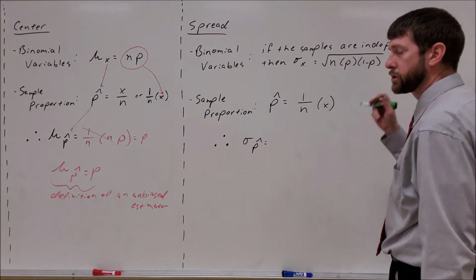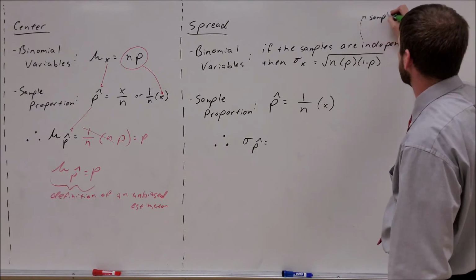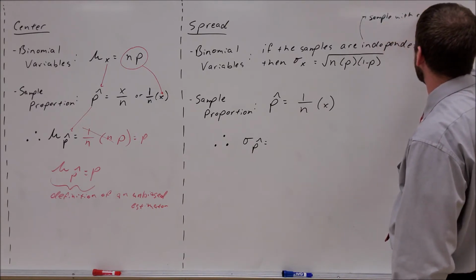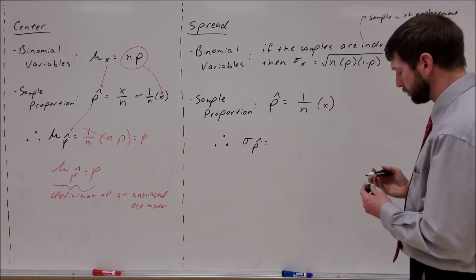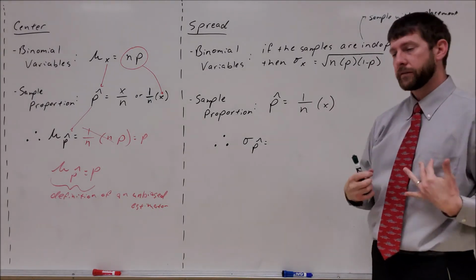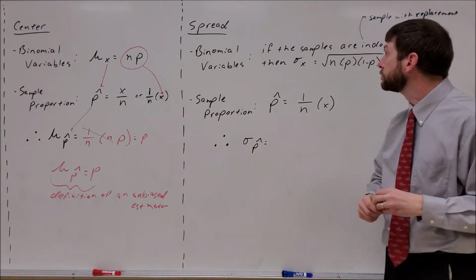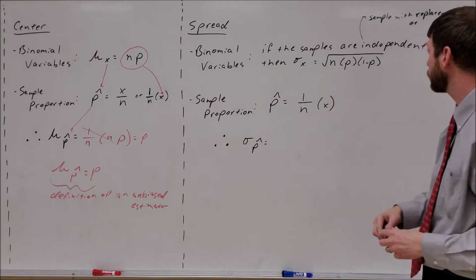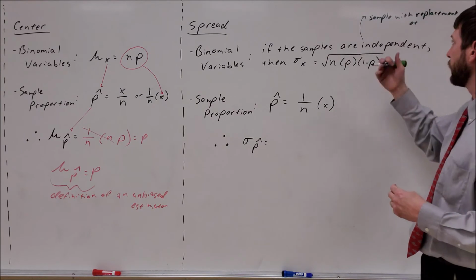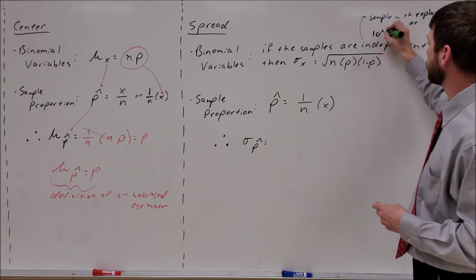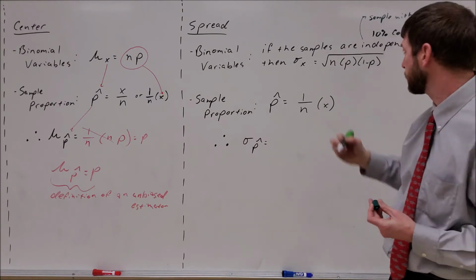One way that I can show that the samples are independent is I can sample with replacement. Meaning that I take all my individuals out, throw them back, and so pulling one group of individuals out didn't affect the other group, right? Because you have those same individuals. Or the other way we could do it, and that doesn't happen very often, is with that 10% condition.